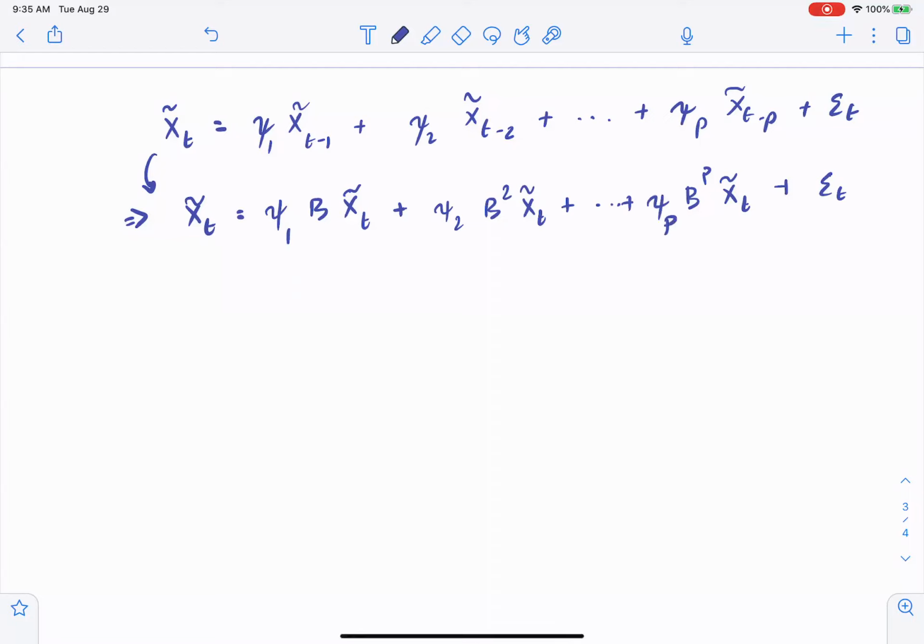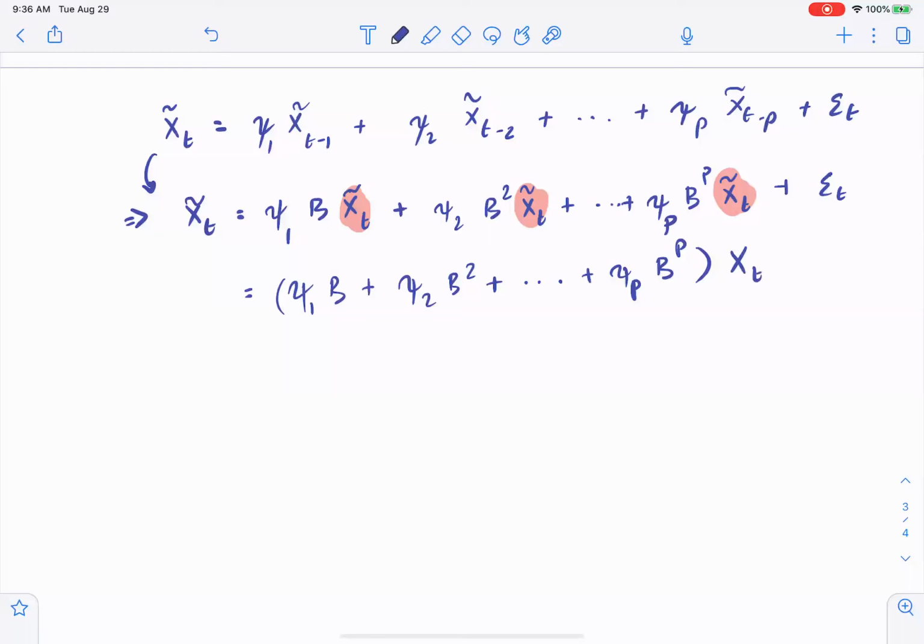Psi p. Okay. Now that we have the expression in terms of B's, I have xt tilde in common. Pull that out. So psi 1 B plus psi 2 B squared dot dot dot psi p B raised to p, xt tilde.